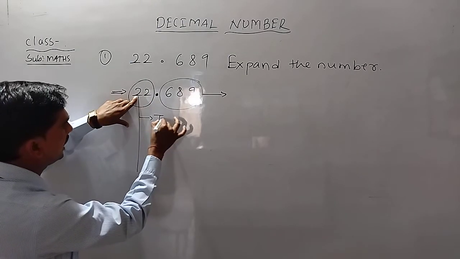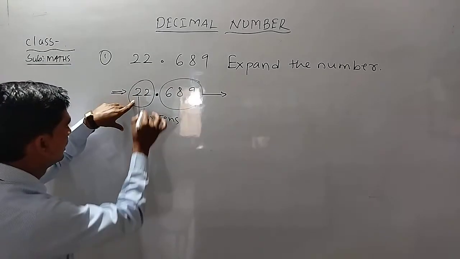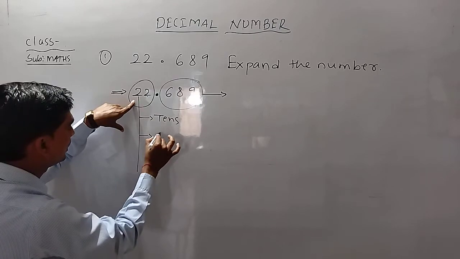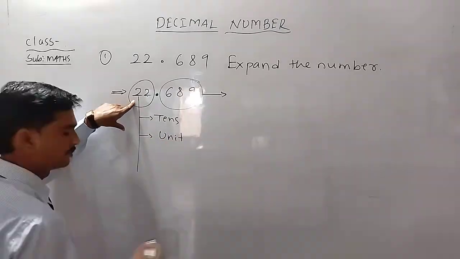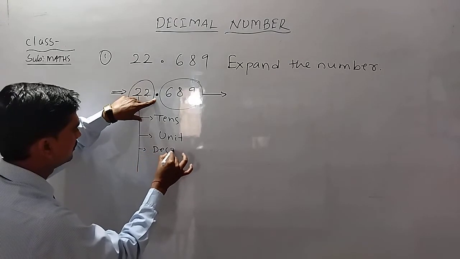Then tell me, the 2 has which place? Sir, tens place. Then the other 2 has which place? Sir, unit place. Then after that, the decimal point.